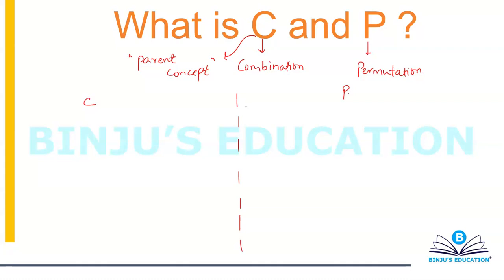Now the question is, does the order of calling A, B, and C matter? What I mean to ask is, does it matter whether I call A first, B first, or C first? If we think about this logically, the order of calling them on the stage would not matter, because all three of them will be on the stage.